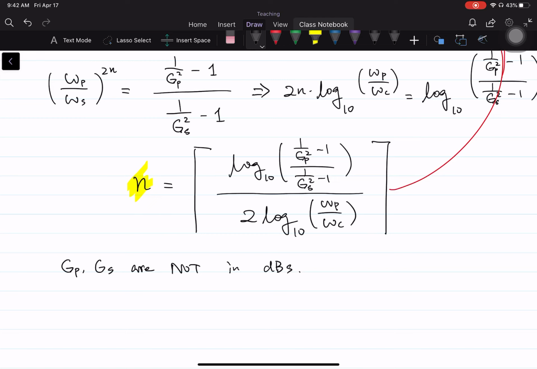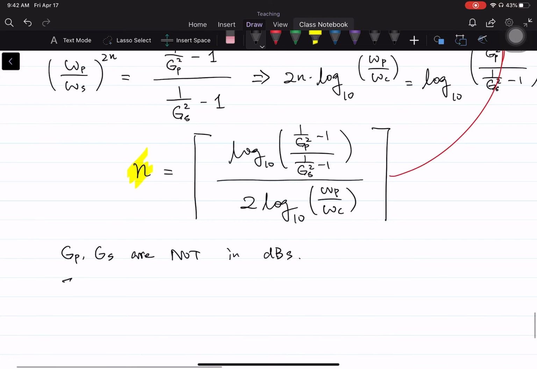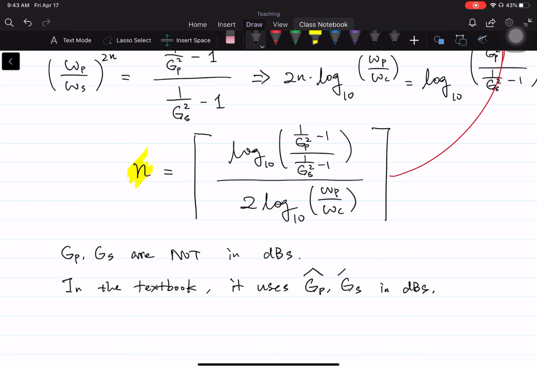If they are given in dB, the textbook provides the same procedure, but uses g sub p and g sub s both evaluated in decibels. They use a hat to denote that these two magnitudes are evaluated in decibels, and you can refer to the textbook to find out how the calculations should be carried out.